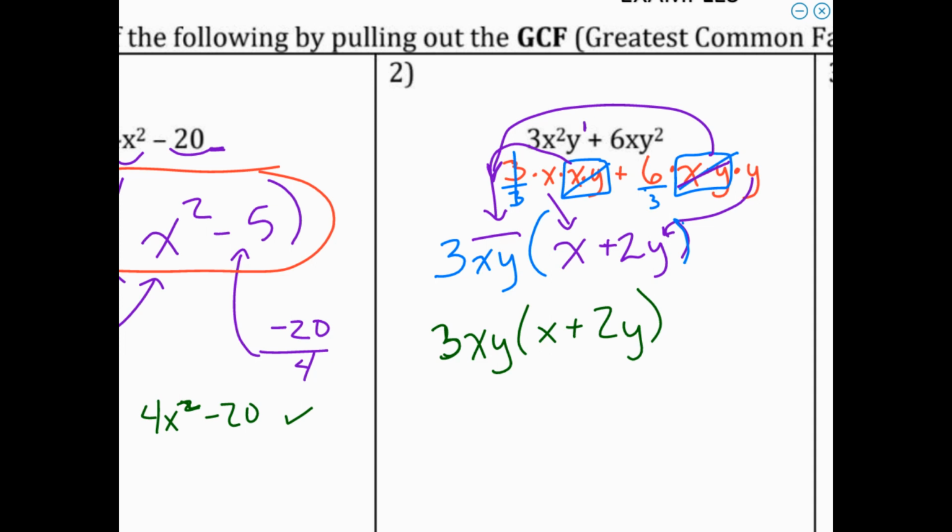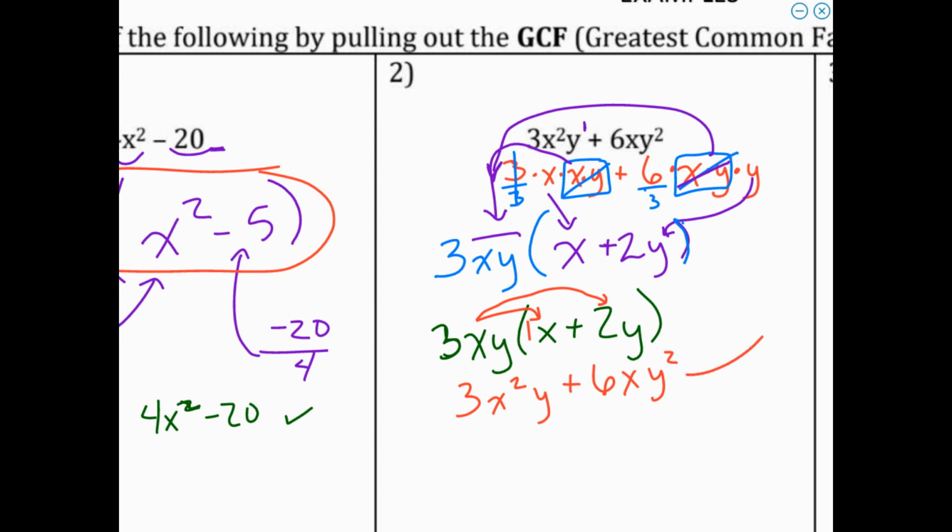And if I check my work, 3x times x, well, that's 3 times 1, which is 3, x times x, which is x squared, and y doesn't have anything to multiply to. And then if I do 3xy times 2y, I have 3 times 2, which is 6, and x, there's no other x, so there's x there, and y times y, which is y squared.